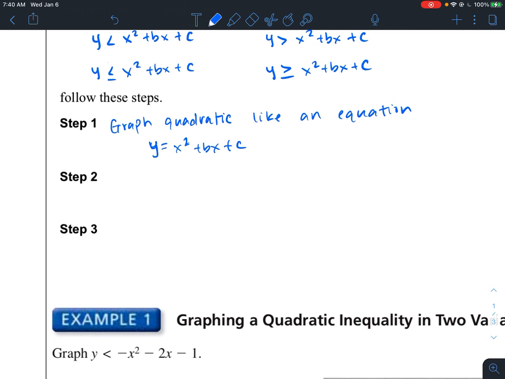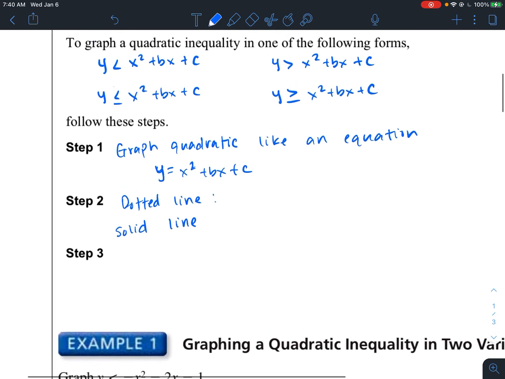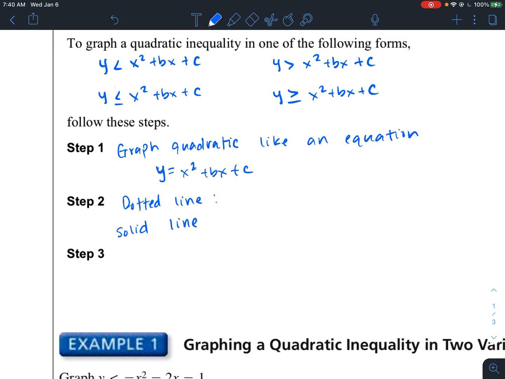Now, step 2 is to determine whether or not you have a dotted or a solid line. Dotted line versus solid line. Now, you'll have a dotted line if your inequality is less than or greater than.